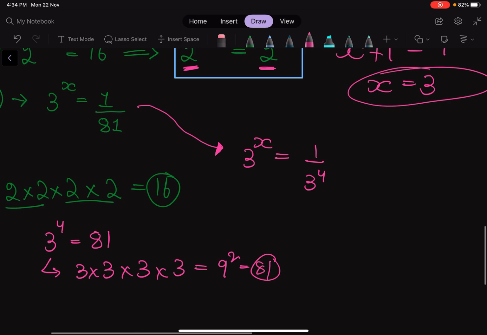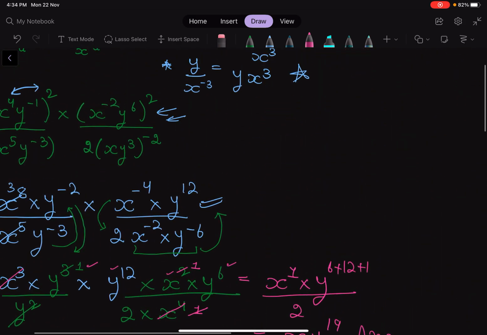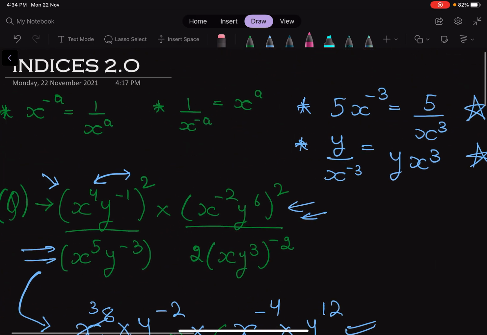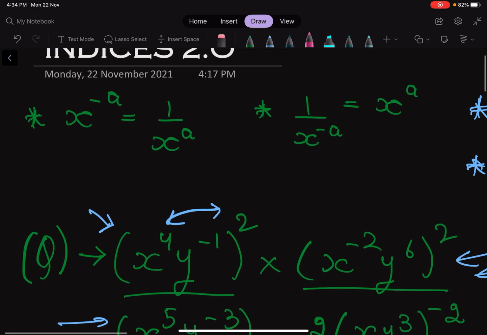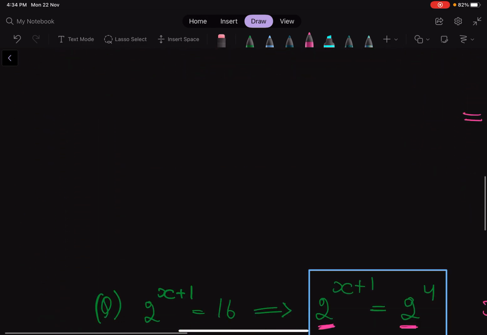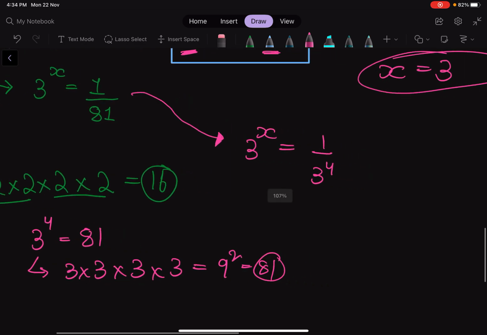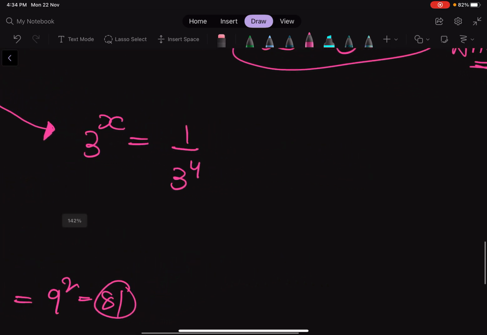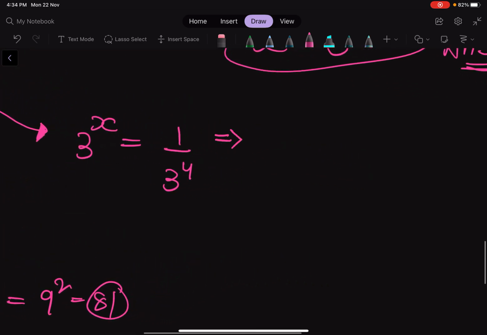Now remember the rule I taught you. Yeah, let's go back to the rule. If you have 1 upon x power a, you can write it as x power minus a. Similarly, we can write this: 3 power x equals 3 power minus 4.